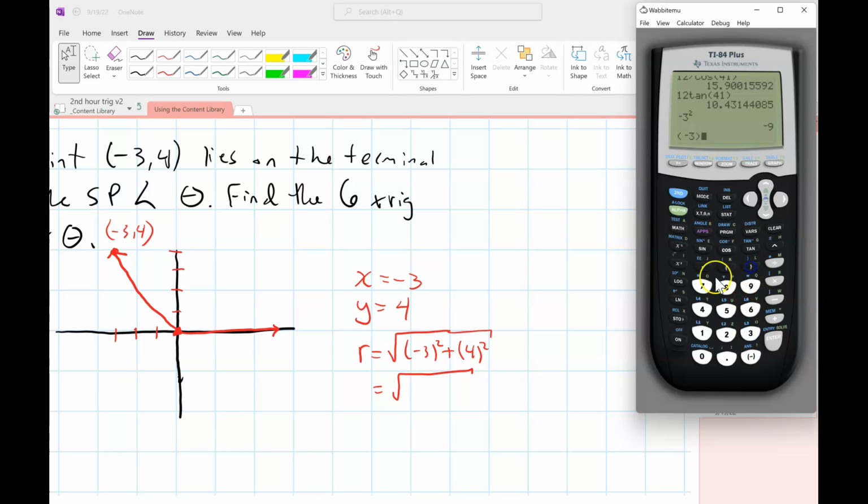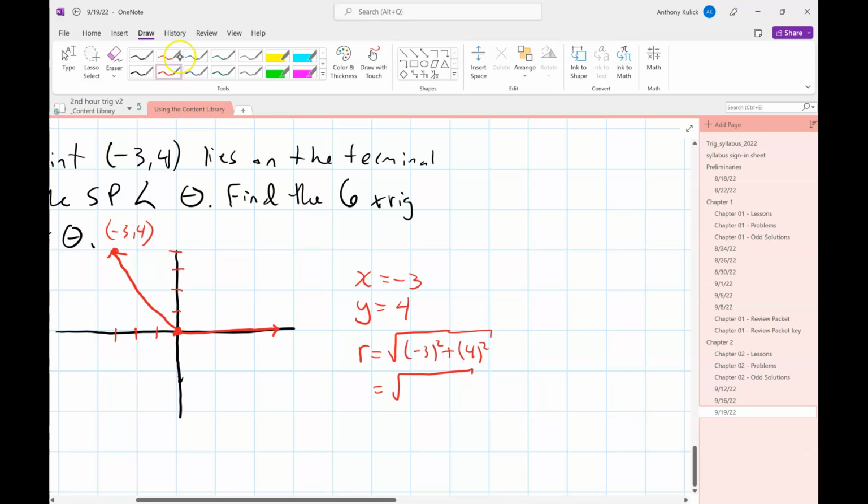Yeah, you need to put a parenthesis around the -3 before you hit the squared, or the calculator is going to follow the order of operations strictly, where the negative comes in the same place as multiplication. So it's going to do the exponent and then make it negative. So please be careful there. I see that frequently, even amongst very good math students, make that mistake on their calculators. So I got that R is 5.